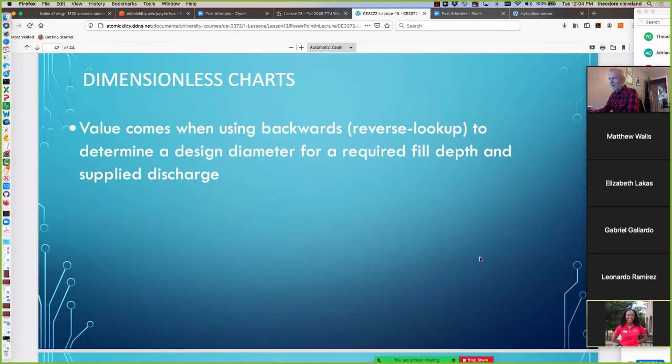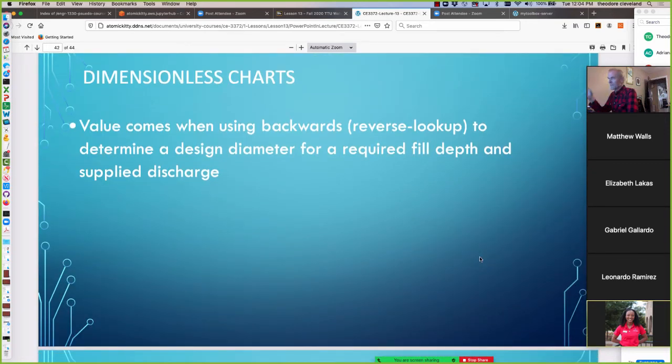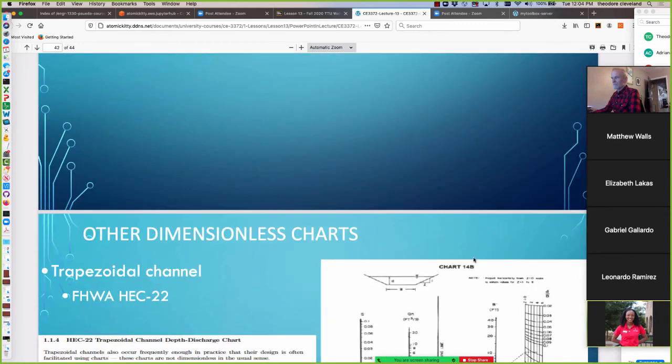And the value of these charts actually comes in when we're using it the other direction, which is, suppose we want to determine a design diameter at a required fill depth and supplied discharge.